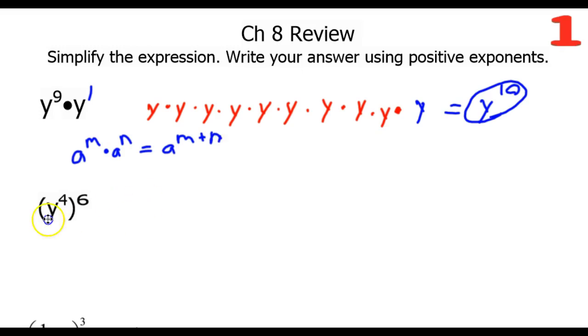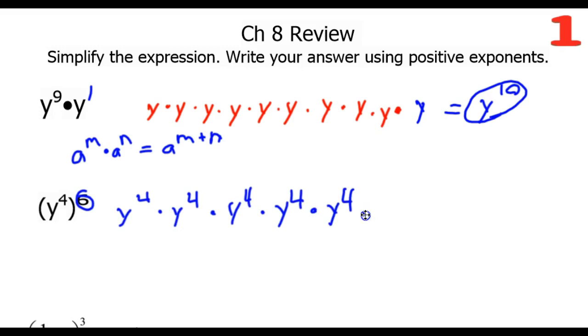The next one, we have y to the 4th with 6 on the outside. So what this is saying is we have 6 y to the 4th. I have y to the 4th times y to the 4th times y to the 4th. I'm going to do this 6 times, 4, 5, and 6. So then we just have to count up how many y's we have.